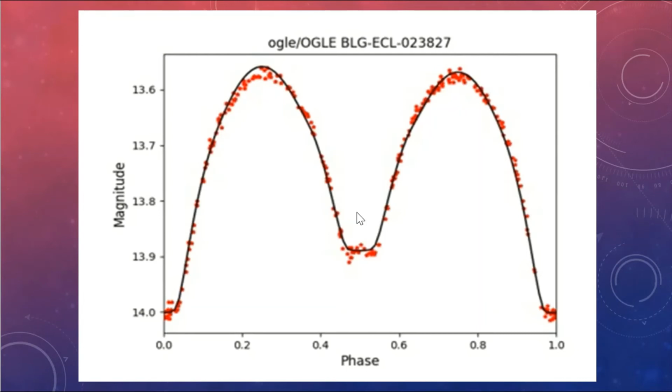We clearly see that the fit is very good. The brightness is continuously varying as defined for a contact binary, and we have flat minima which is typically observed for totally eclipsing binaries.